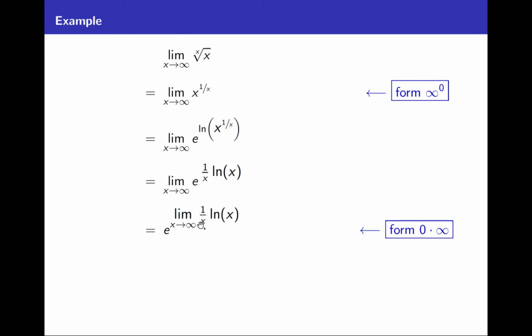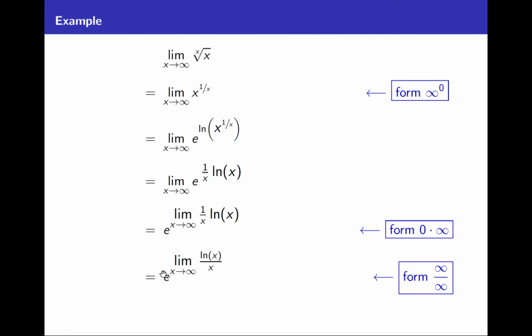And in this case, it's almost deceptively simple, because in a certain sense, this 1 over x, that x is already on the bottom. We can just multiply it through, and we get the limit as x goes to infinity of ln x over x. And if you look at this limit right here, it is form infinity over infinity. Both the ln of x and the x are going to infinity here. So we can apply L'Hopital's Rule to that.